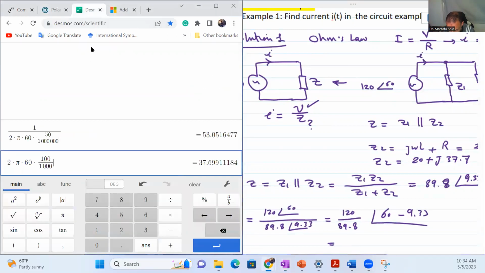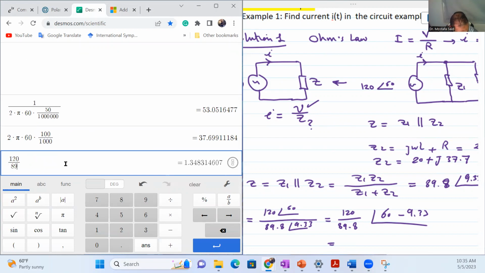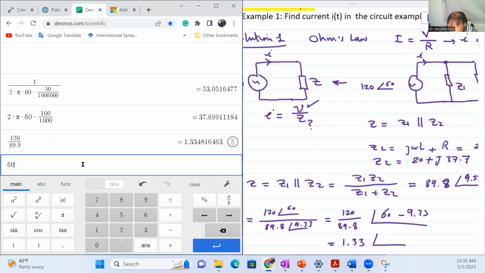So we're going to go here, and 120 divided by 89.8, that's 1.33, and the angle is much easier, which is basically 60 minus 9.33, which is 50.67. Good.